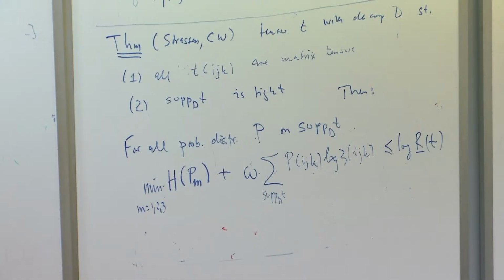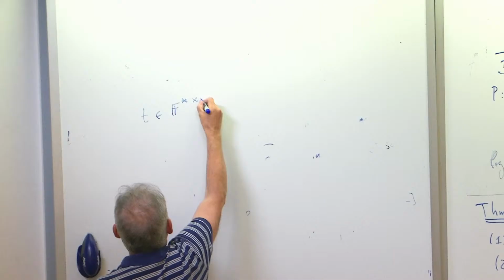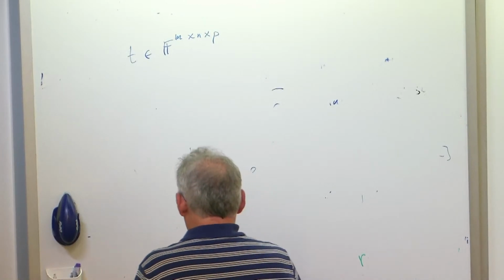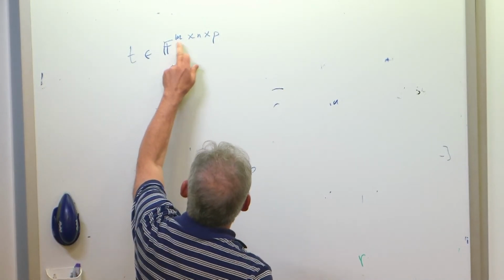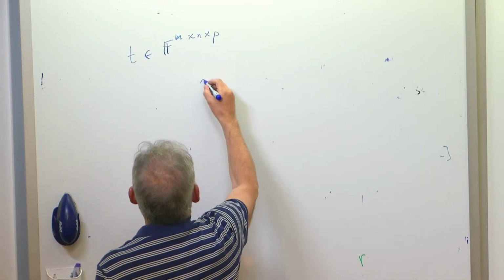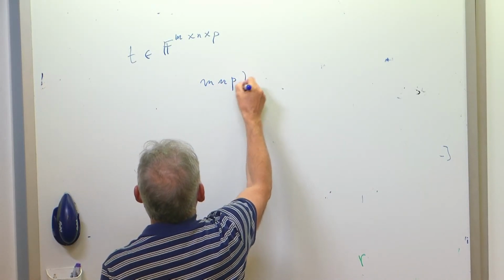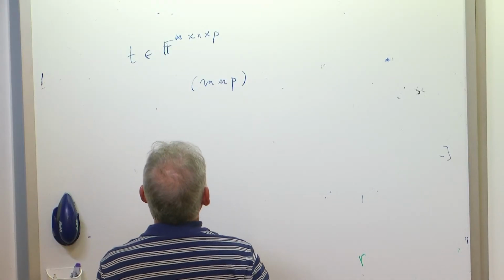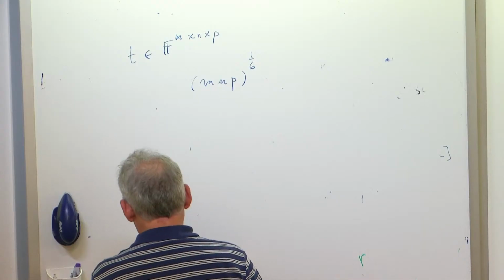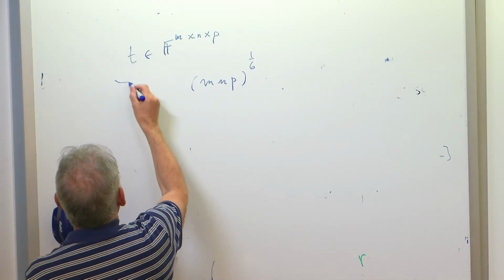If I have a tensor of format M and P, actually, Joseph would say I should assume it's concise, then these are the dimension parameters, and I just take the geometric mean. But if I put here 1/6 instead of 1/3, then it looks a little bit nicer. I call this zeta of T.